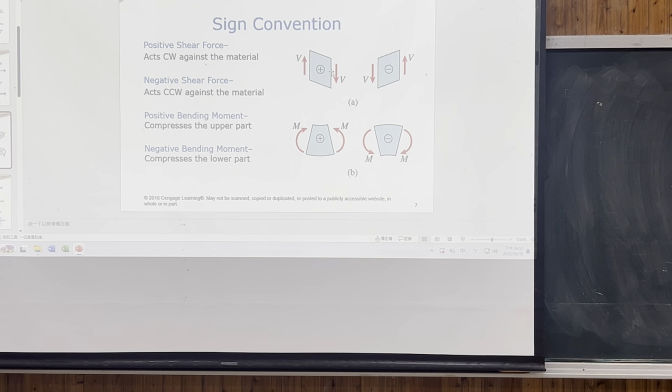And for moment, in this textbook they define this kind of situation as positive moment. This is very important, you have to memorize it, or you will get the negative or positive sign wrong at the end of the calculation.